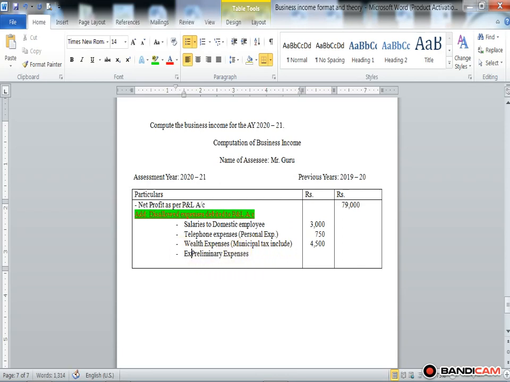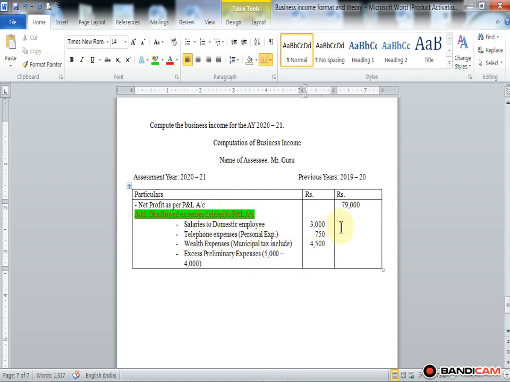Okay, excess preliminary expenses into bracket 5,000 minus 4,000, and that is rupees 1,000 is disallowed.